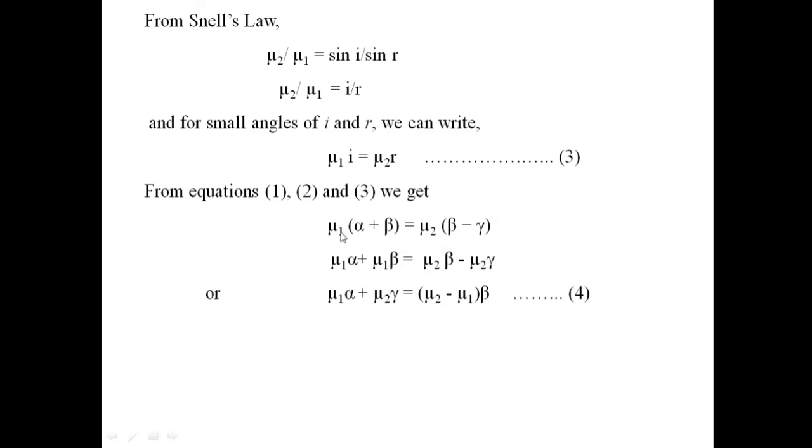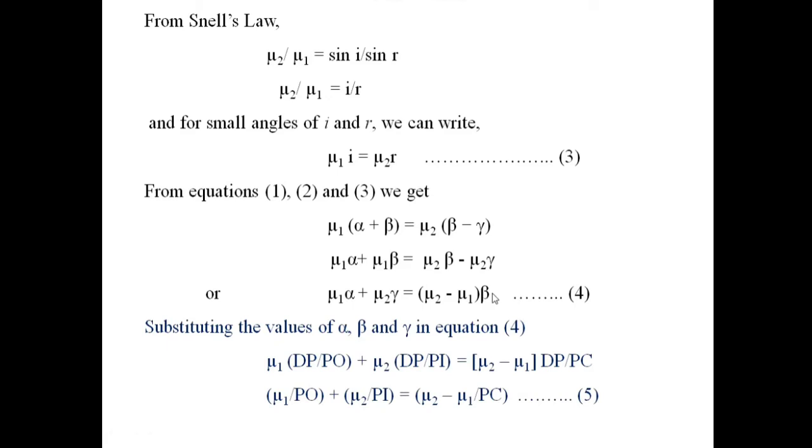After opening the bracket, we can write mu1 alpha plus mu1 beta is equal to mu2 beta minus mu2 gamma. Now, rearranging the terms, we can write mu1 alpha plus mu2 gamma is equal to mu2 beta minus mu1 beta. So, we can write mu2 minus mu1 into beta.